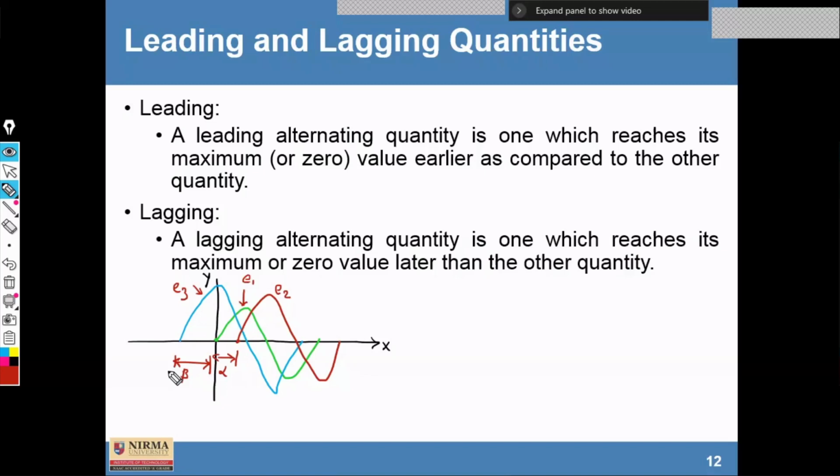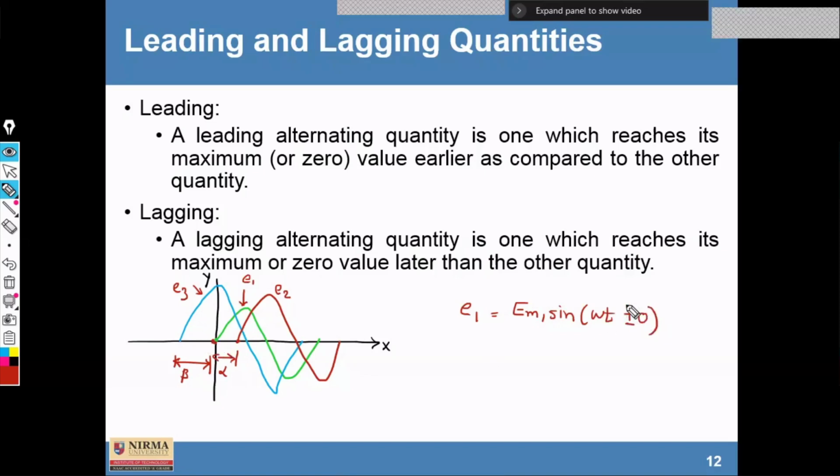I hope all of you have written. So I will write E1 is equal to EM1, because the maximum values of all these three waveforms are different, so we write EM1, EM2 and EM3. E1 is EM1 sine omega t plus or minus 0, because it is starting from 0.